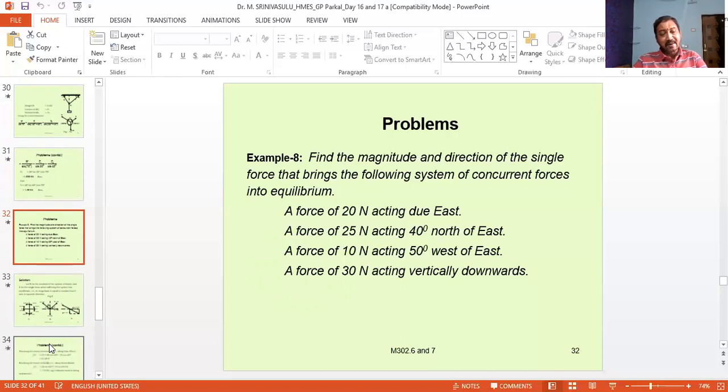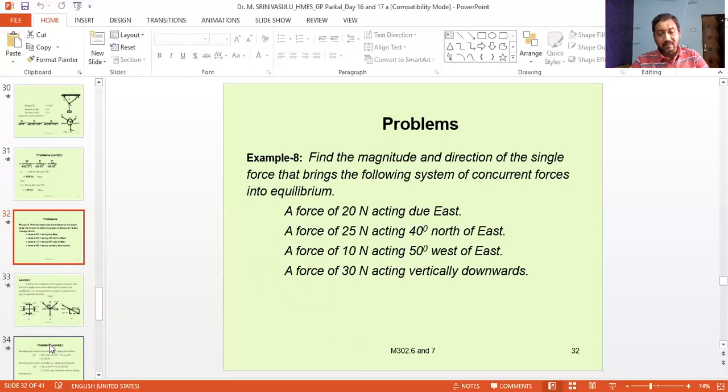So the magnitude of the equivalent force is also equal to the resultant force, but it acts exactly opposite to the direction of the resultant force system.